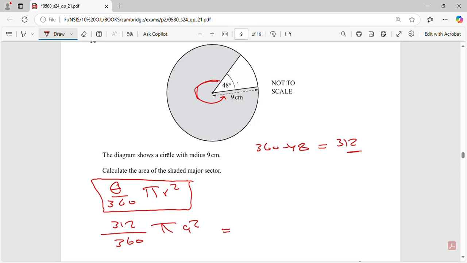So this big angle will be 312. This is the value of theta. So it will be 312 divided by 360, all multiplied by pi r squared, and r here is 9, so pi times 9 squared, which is equal to 220.5, or we can name it 221.